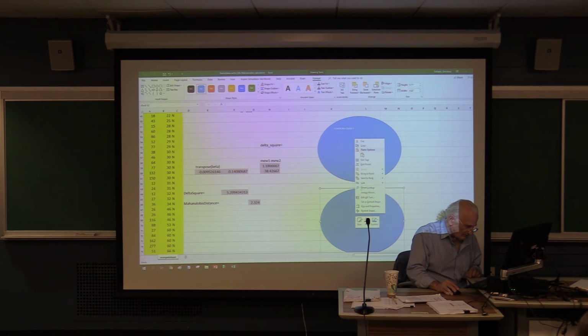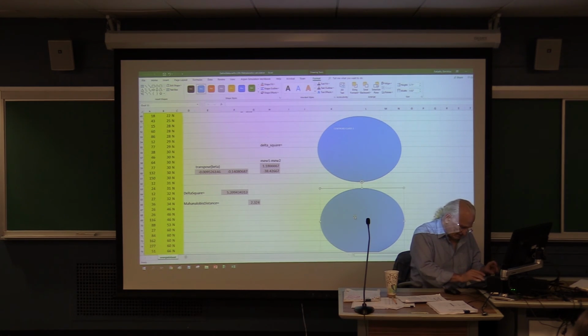And here you have the centroid of class 2, of the other class. I think here we had classes 1 and 2, yeah. And the Mahalanobis distance is the statistical distance between those two.